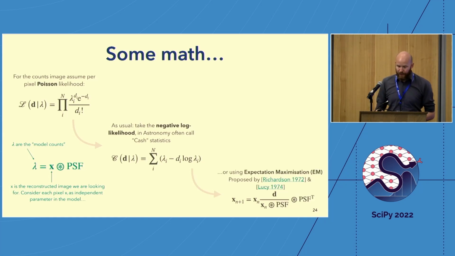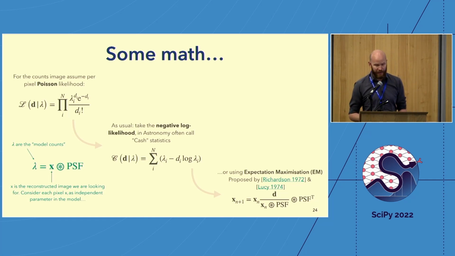An alternative solution for this was actually already proposed like 50 years ago. This uses, instead of gradient descent, something called expectation maximization, and this was introduced by Richardson and Lucy at the same time. And this is what the update rule looks like for this case.